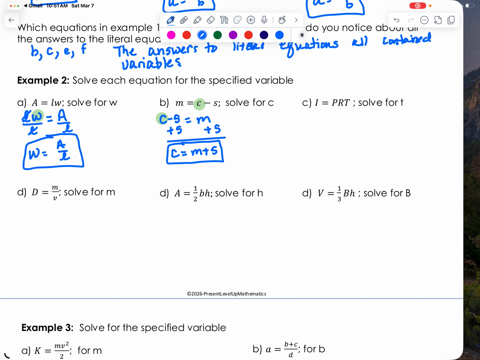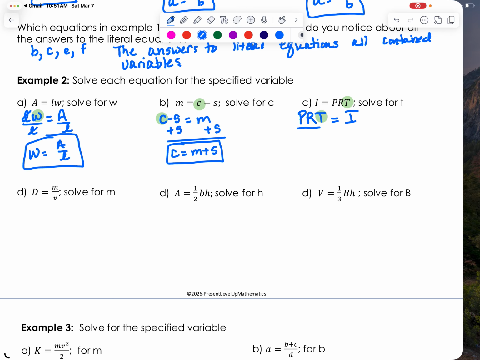In problem C, we have I equals P times R times T. This is a very famous formula for simple interest, but they want us to solve for T. So I'm going to rearrange this so that the T is on the left side and the I is on the right side. Again, I'm going to highlight it because I want to remove everything from the T. So this is P times R times T, and the way we remove multiplication is through division.